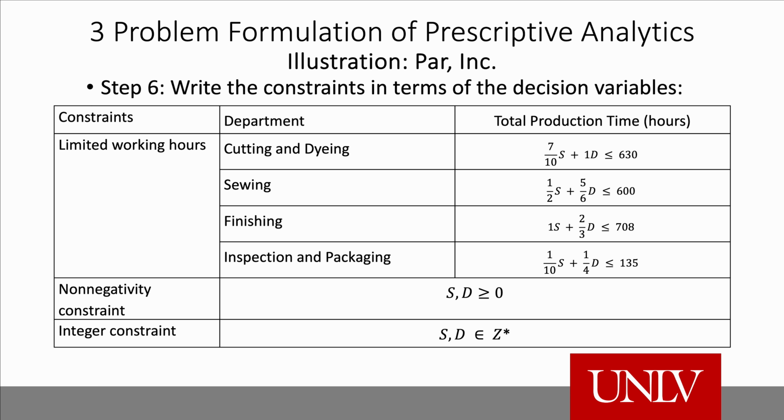One that balances limited labor resources against the profit contributions from the two product types. And this model allows the decision makers to calculate the best production mix to maximize the profit. This is a perfect example of how prescriptive analytics turns business strategy into actionable decisions.